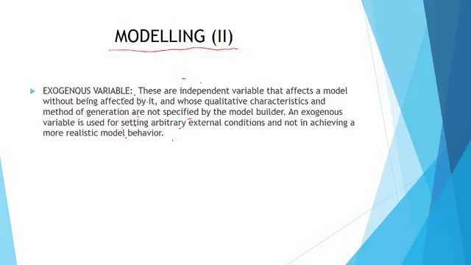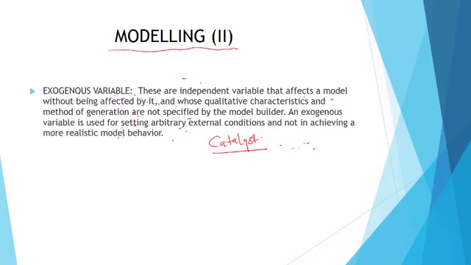Now when we talked about the exogenous variable, we said that they are independent variables that affect a model without being affected. Exogenous variables act as catalysts among variables. They affect the variables, they affect the model, but they are not being affected.